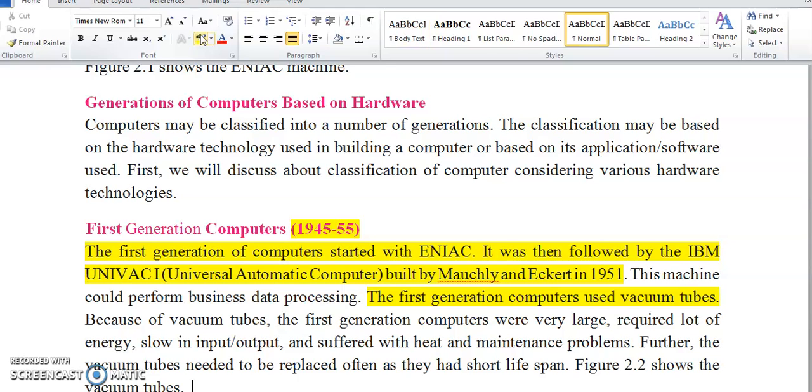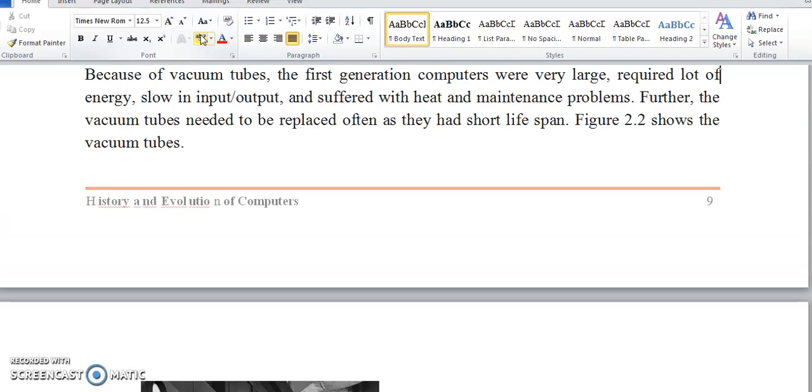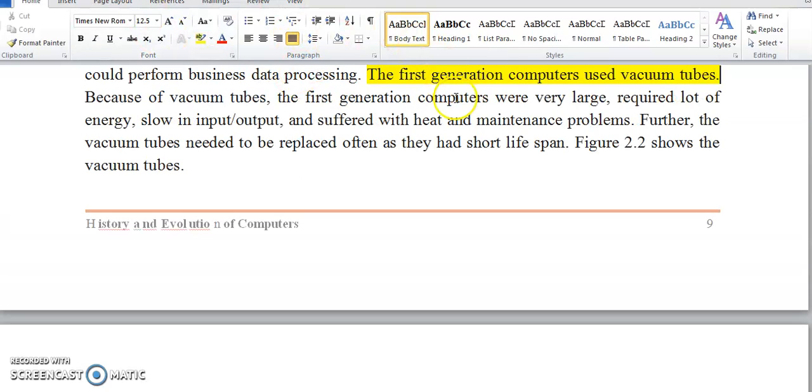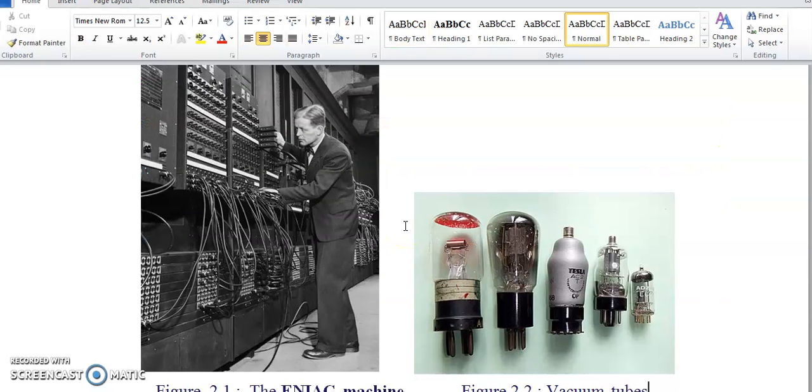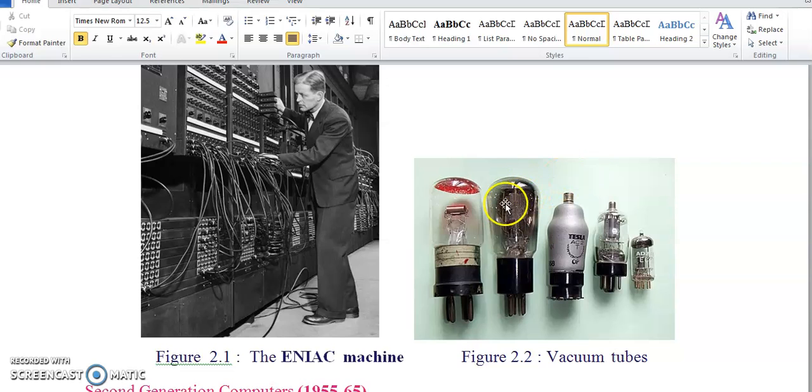Because of vacuum tubes, the first generation computers were very large, required a lot of energy, and were slow in input and output. See, these are the vacuum tubes. Are you able to see them? So many vacuum tubes were used to create the ENIAC machine. This is the first generation of computers.